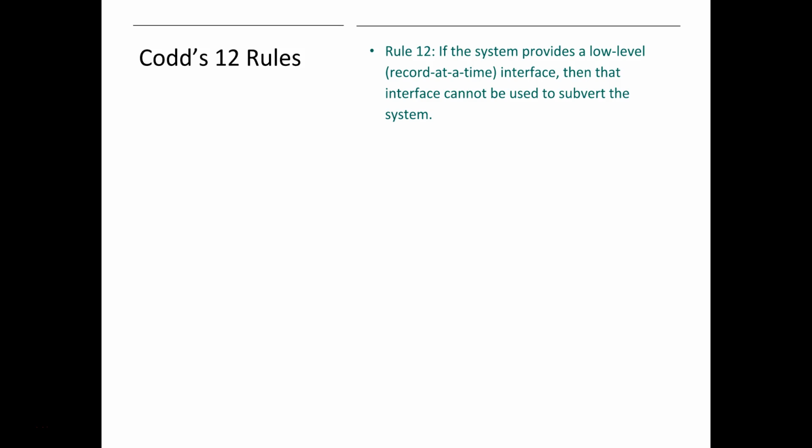So the interface cannot be used to subvert the system. It means they cannot create a corrupted or modified server settings or other things using the low-level storage. Okay, so even compacting the file, or creating a new partition or other things, they should still be able to do it via the SQL language, not really via some low-level language that would manipulate it.